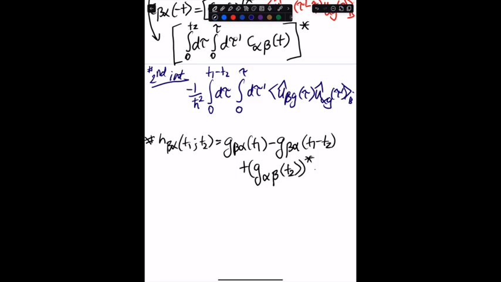If you're confused about anything, I urge you to go back and look at this proof. If we have any integral of the form which is not nested and integrates over specific times t1 and t2, we can write integrals of those forms using the line shape functions.